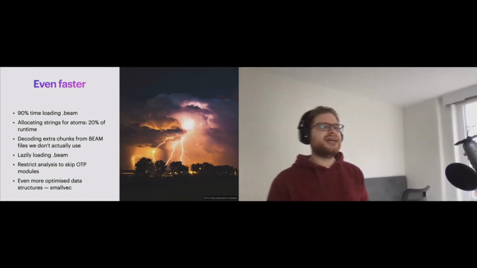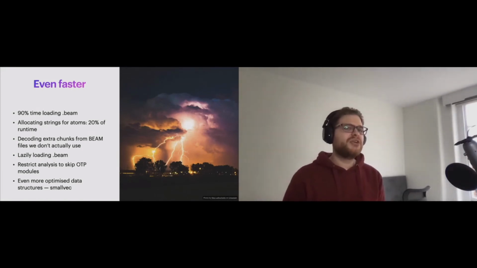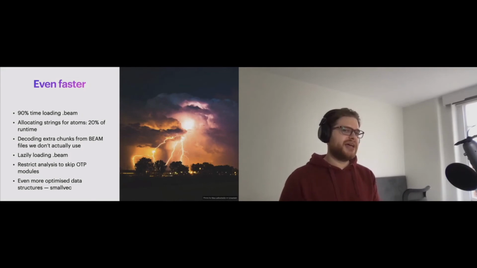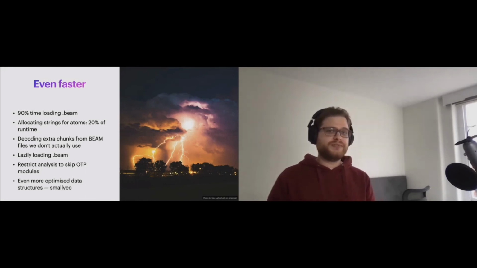Out of those 90% of loading Beam files, 20% is spent allocating strings for atoms that we actually don't use because of the string interning. This is mostly because I use the existing library in Rust for decoding Beam files, but we can probably implement something way more efficient for this particular use case, decoding only those two specific chunks for the import table and export table that are fairly small, and skipping all the other information in the Beam files, right?